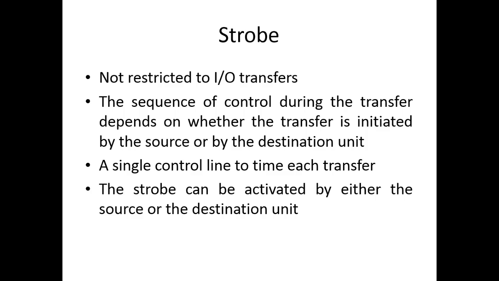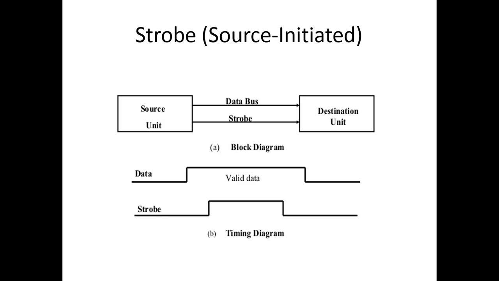The actual data can be transmitted using a data bus. Depending upon the direction of transfer, the Strobe signal can be generated and transmitted by either the source or the destination unit. So there are two possible ways to implement a Strobe control based mechanism depending on the source of the transfer.